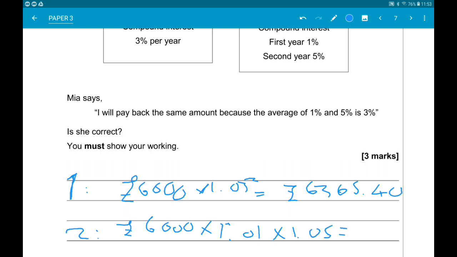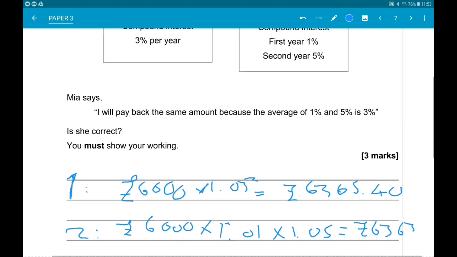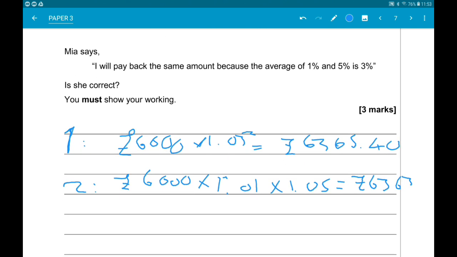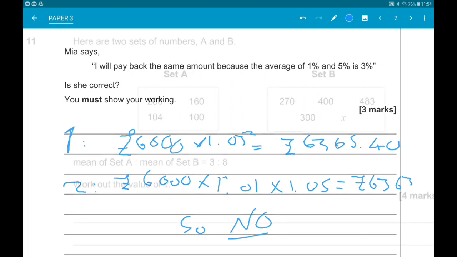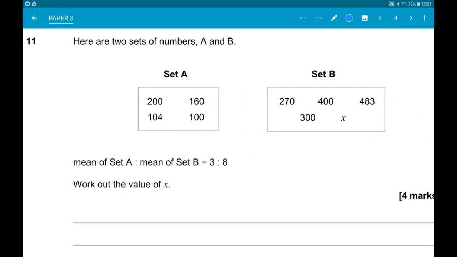Now that gives us £6,363. So, is Mia correct? No, she is not.